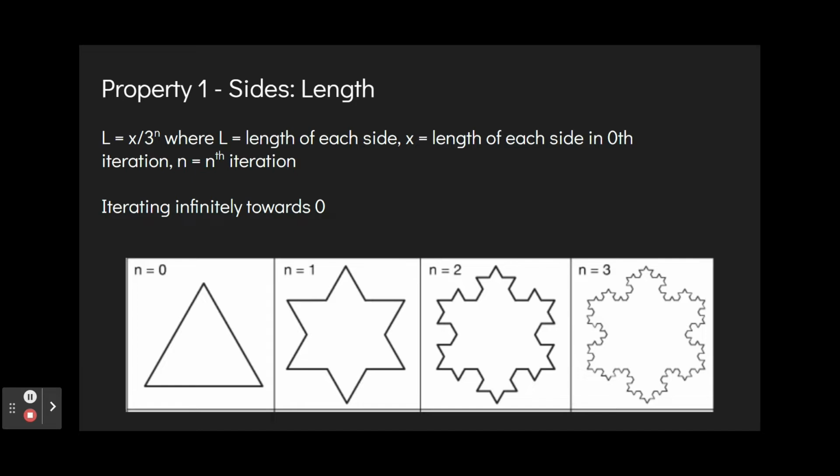This means that this division happens n times, so the original length x is divided by 3 to the nth power. Iterating this so that n is tending towards infinity results in the length of each side becoming smaller and smaller and infinitely closer to 0. The length of each side starting at the 0th iteration is x, and it is x divided by 3, x divided by 9, and x divided by 27, respectively for the first, second, and third iterations.